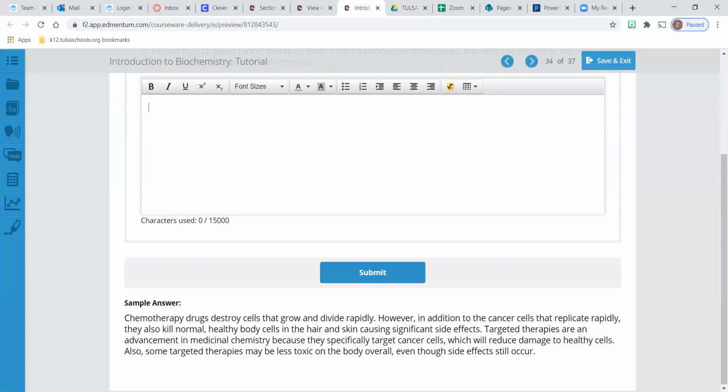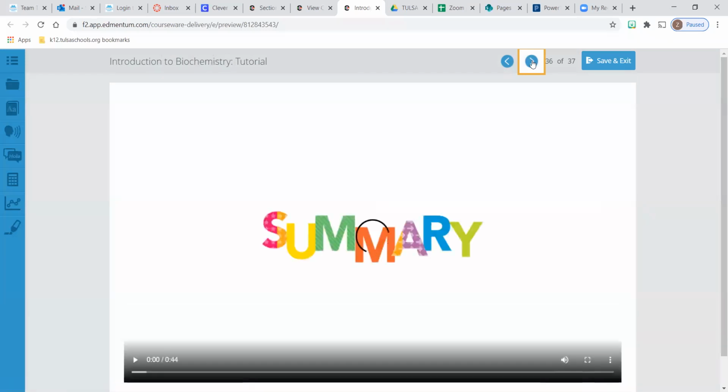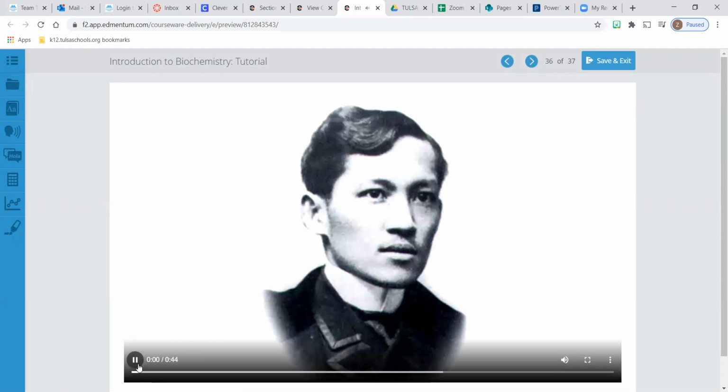So that's great. Chemotherapy is quite toxic, the method through which you're killing cancer. So if you can find a more targeted, less toxic way to go about fighting cancer, that's perfect.